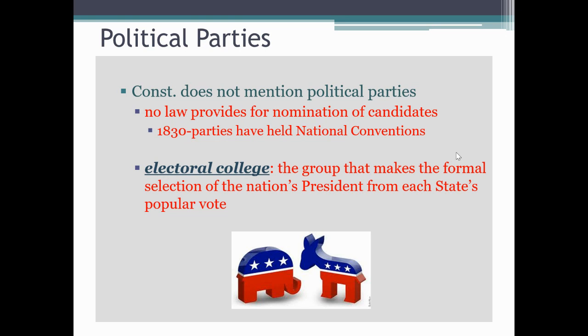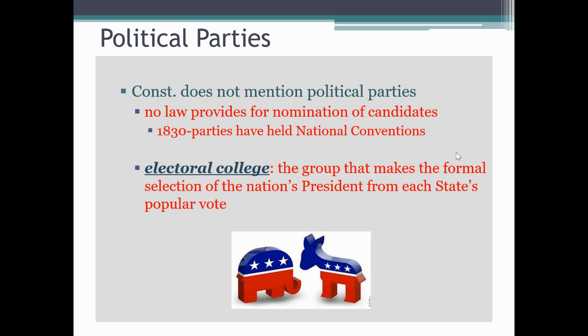If I told you to open up the Constitution in your textbook right now and find the Electoral College, you probably couldn't find it, because that phrase is not in the written Constitution. What you would find is them talking about presidential electors and how that group from each state would decide who the president is.